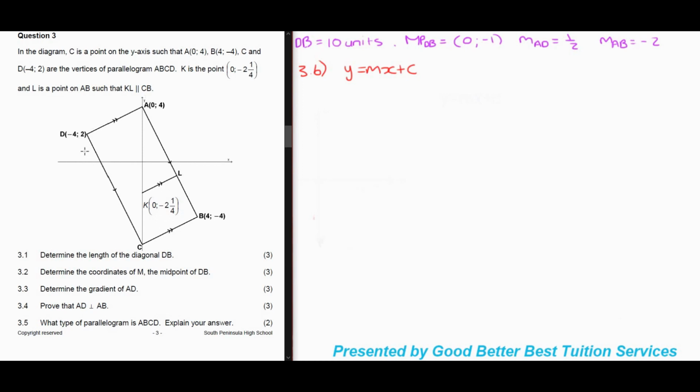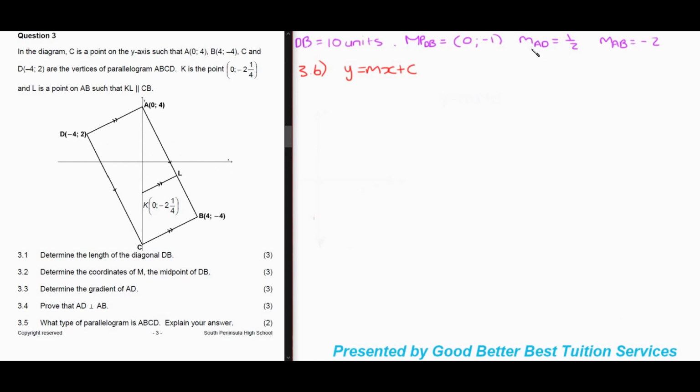Why? Because a parallelogram has two pairs of parallel sides, and AD and BC are one of those pairs. So AD would be parallel to KL, which means AD and KL have the same gradient.